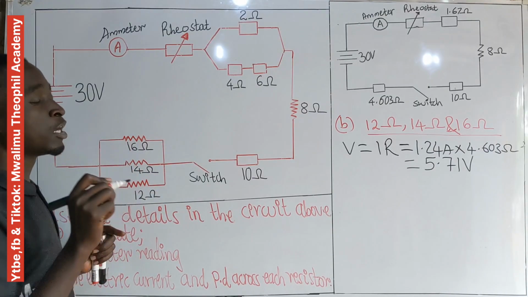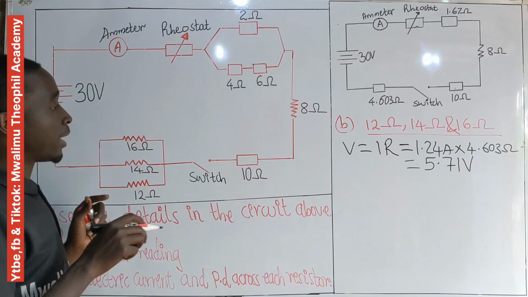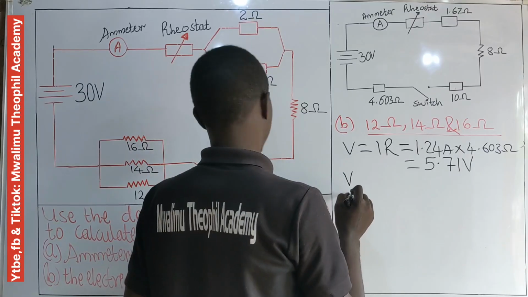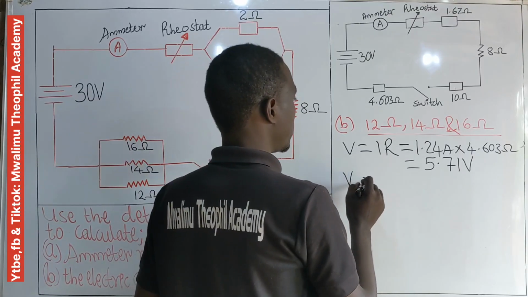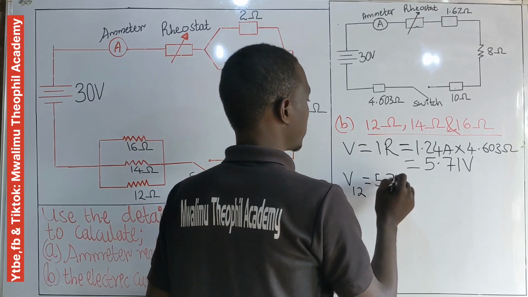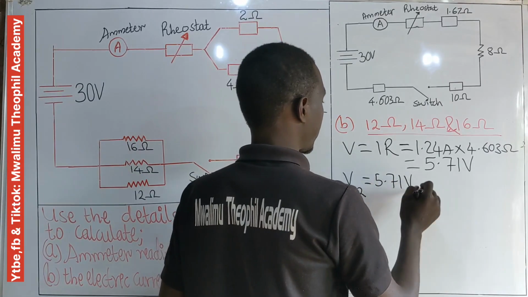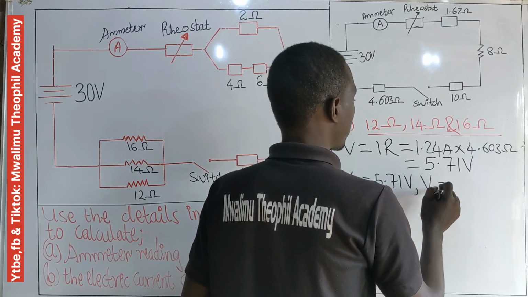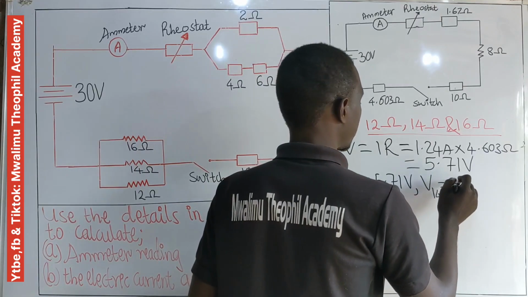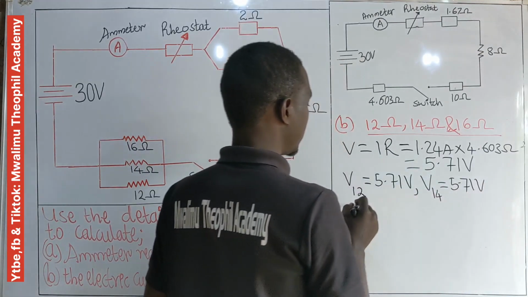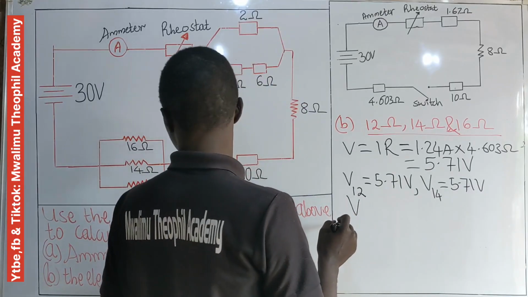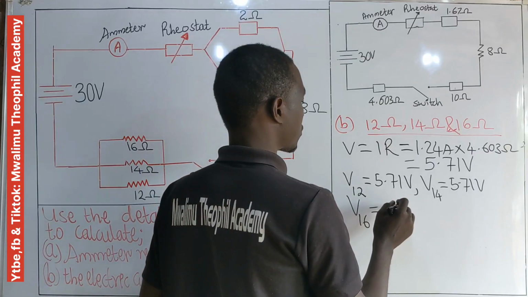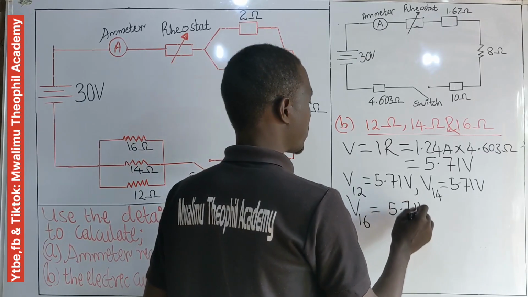Now we say that V12 will be equal to 5.71 volts. The same, V14 will be equal to 5.71 volts, and the voltage for the 16 ohm resistor, V16, will also be 5.71 volts.